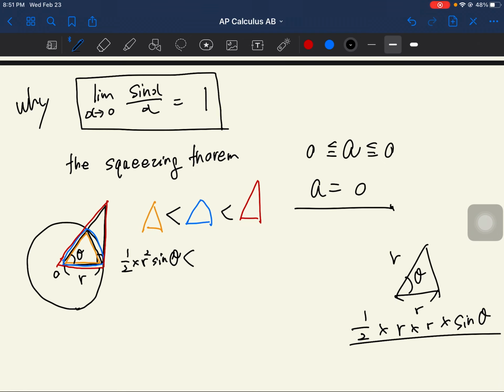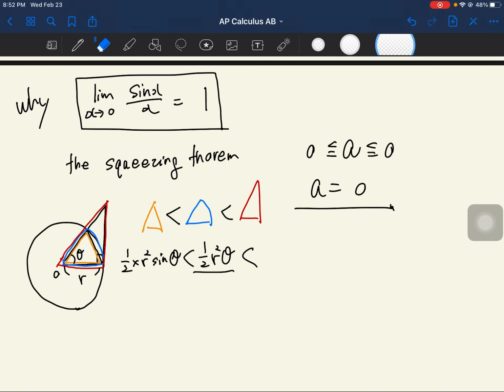Then the middle one is going to be 1/2 r squared theta. If you have no idea how to calculate this one, just leave me a comment. I will explain why it's like this. And the red triangle is not too complicated.